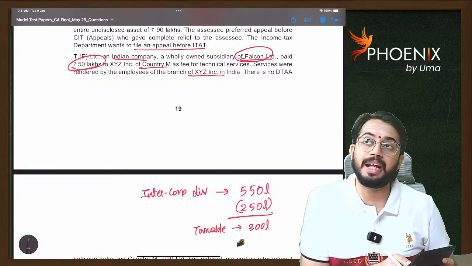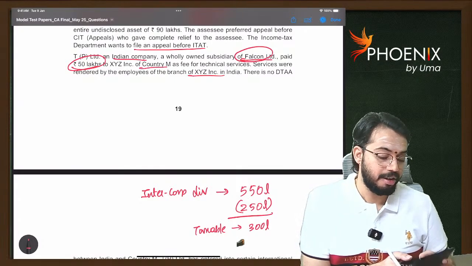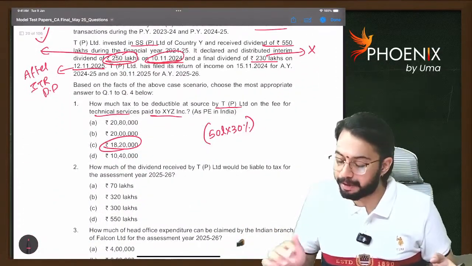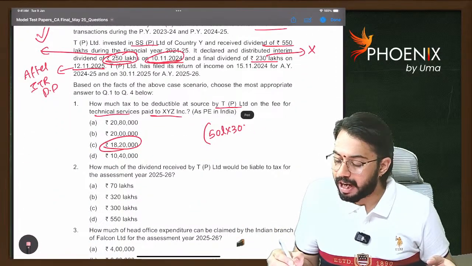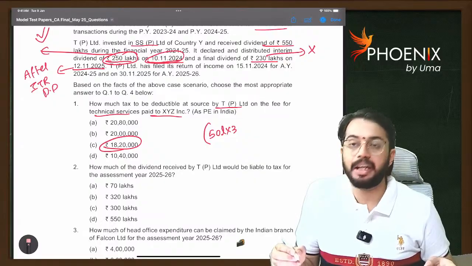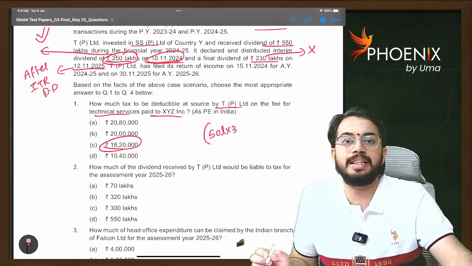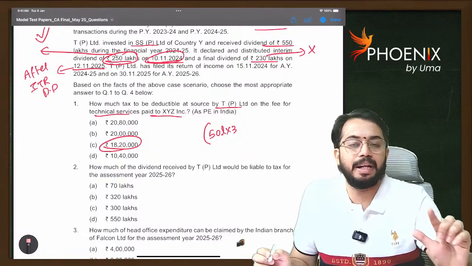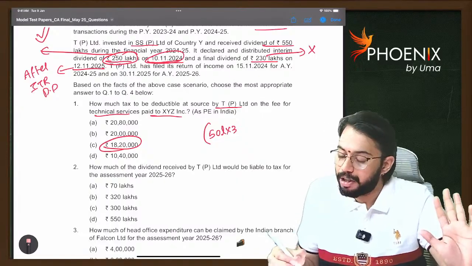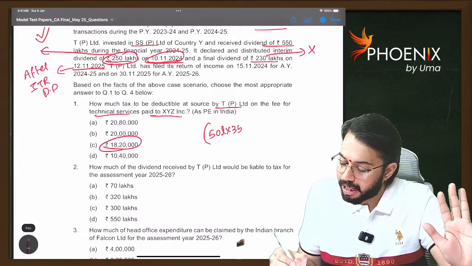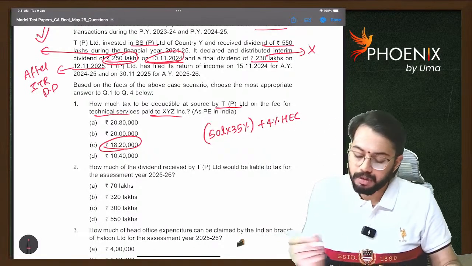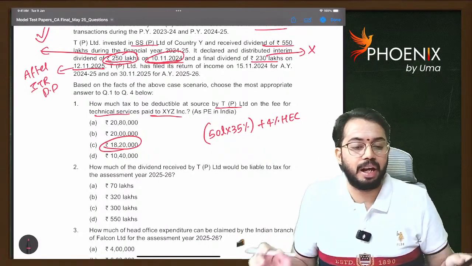Sorry, foreign company tax rate is 35%, right? 50 lakhs into 35% plus 4%. Yes, perfect. 50 lakhs into 35%. Here 20% concessional tax rate is not applicable. The reason is fees for technical services agreement is not approved by government. So 50 lakhs into 35% plus 4% HEC, 18 lakh 20,000. Are you able to understand?